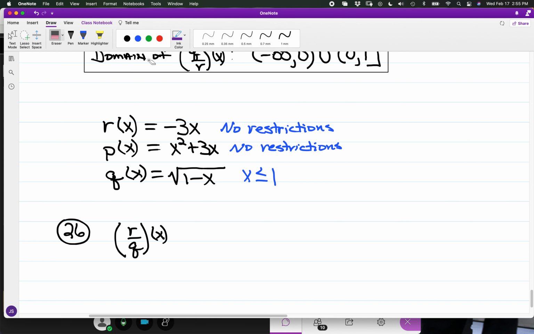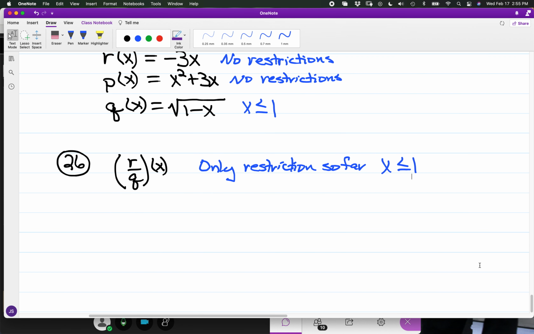Now, so far, I'm just going to mention it because, again, we're dealing with the quotient function. So yeah, the only restriction so far is going to stem once again from q of x. So you have that x is less than or equal to 1. Okay, but again, there could be more to the story since we're dealing with a quotient function.